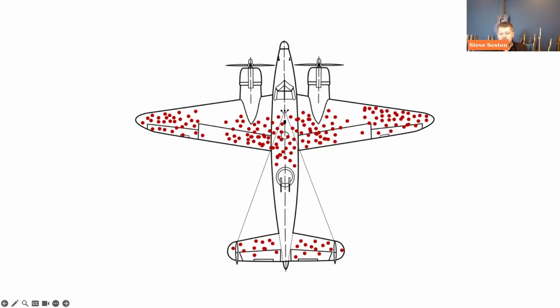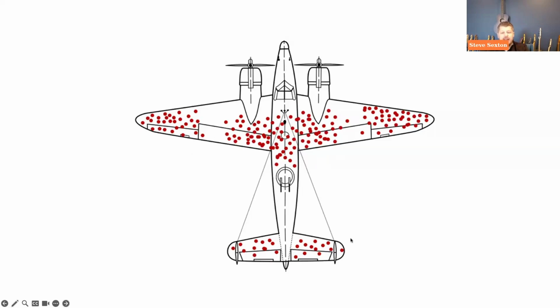And it took one person sitting in the back who said, let's hold on a second, guys. If we're looking at all of this data, and these are the planes that are returning, I think what we should actually be doing is bolstering the planes in the places where there are no bullet holes, because clearly a plane can return home if it has bullet holes in all of these areas.